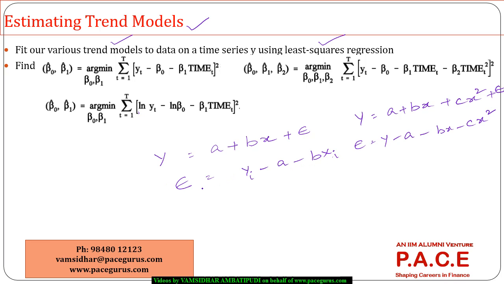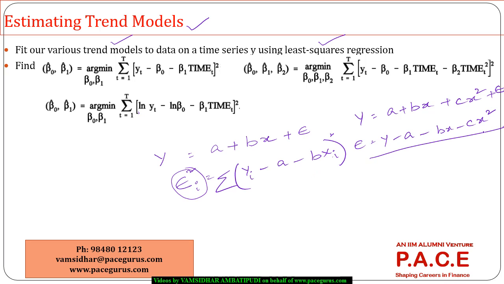So the total error is what I want to minimize. But I don't want to take the absolute error or the actual error. I take the squared error, which means this part. Across all the observations, I want to take this and minimize it.